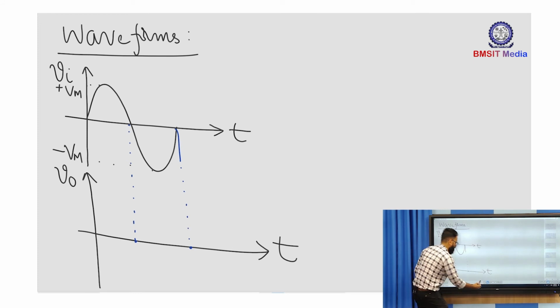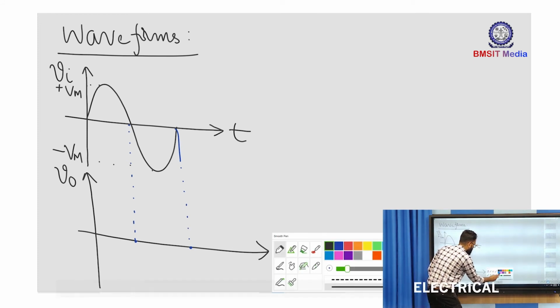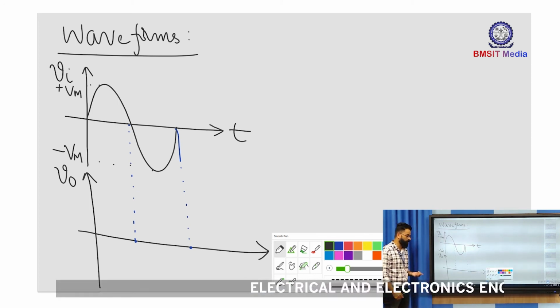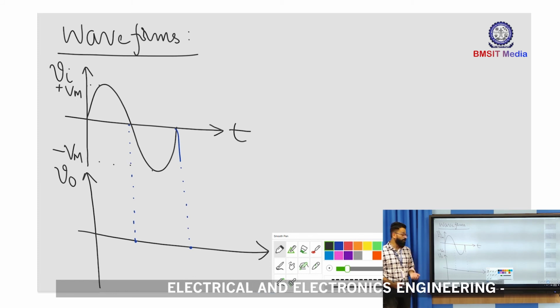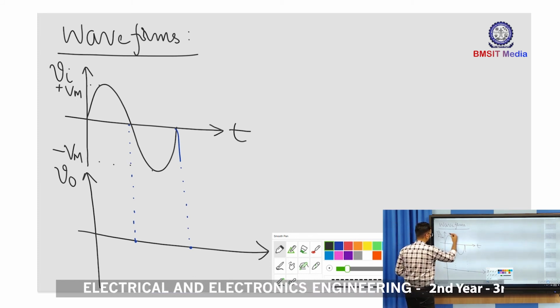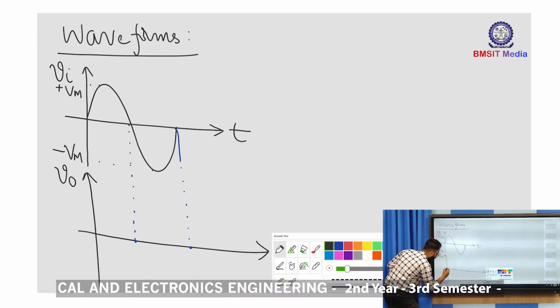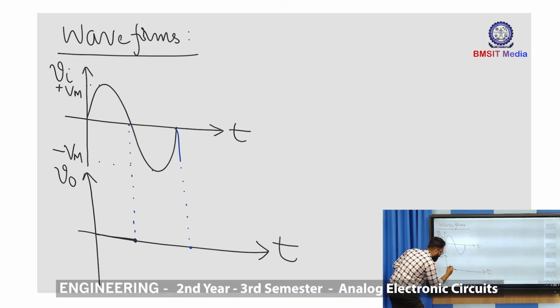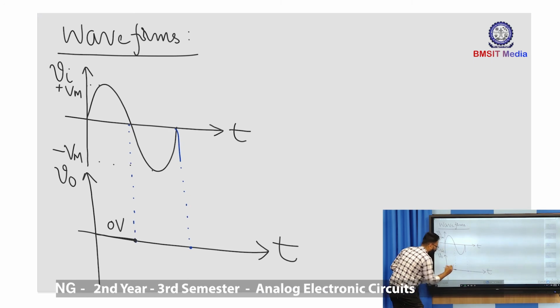So you'll have to roll back to your circuit analysis. Okay, and we had observed that for the positive half cycle, the diode was in the off state, due to which there was no output. So for the entire positive half cycle of the input, the output will stay at the 0 volt level.